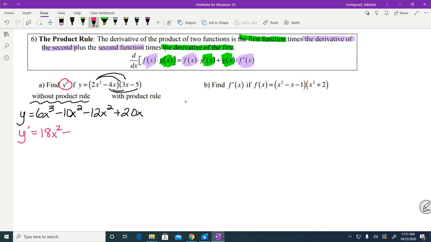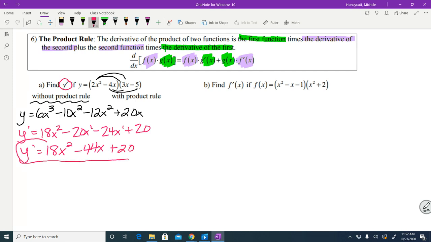Multiply the 2 times 10 to get 20, and subtract 1 from the exponent, so minus 20x. And then multiply the 2 times the 12, minus 24x. Subtract 1. Oh, I could have combined like terms, couldn't I? And then the derivative of 20x is 20. So combined like terms, y prime would be 18x squared minus 44x plus 20. And that's how you would find it last class and without the product rule.